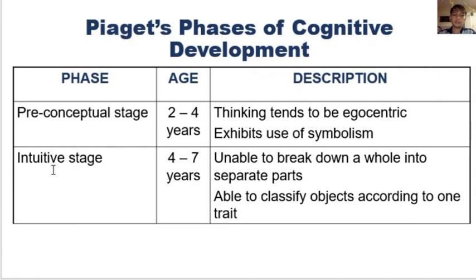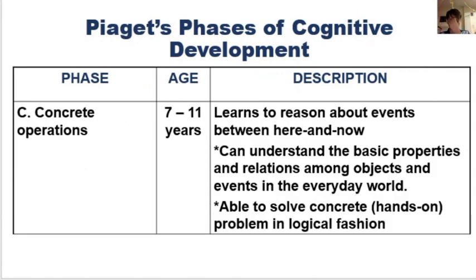In the second substage of this main stage, we have the intuitive stage, at about 4 to 7 years. Children are unable to break down a whole into separate parts, and they are able to classify objects according to one trait. The third stage is the concrete operational stage. It starts from 7 to 11 years of age.